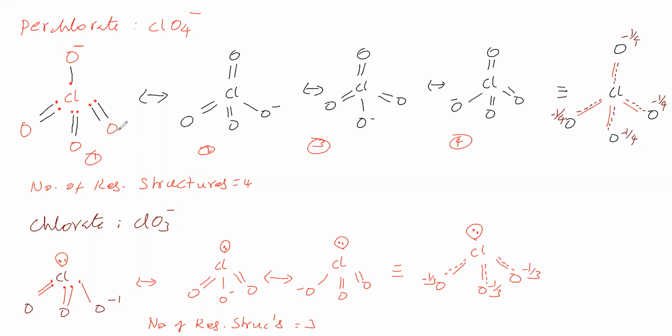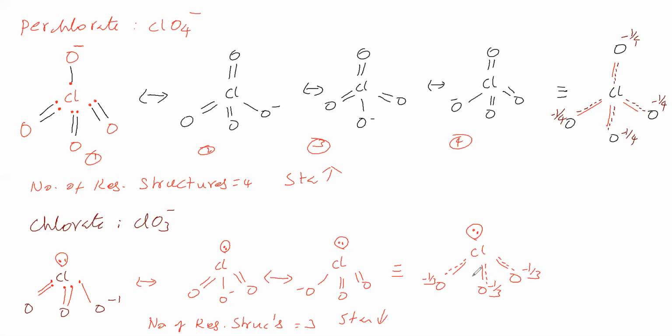Due to attraction, that is giving stability. More resonance structures means the electron cloud can shift more times, and more shifting means more attraction. That's why this stability will be more, whereas this stability will be less.